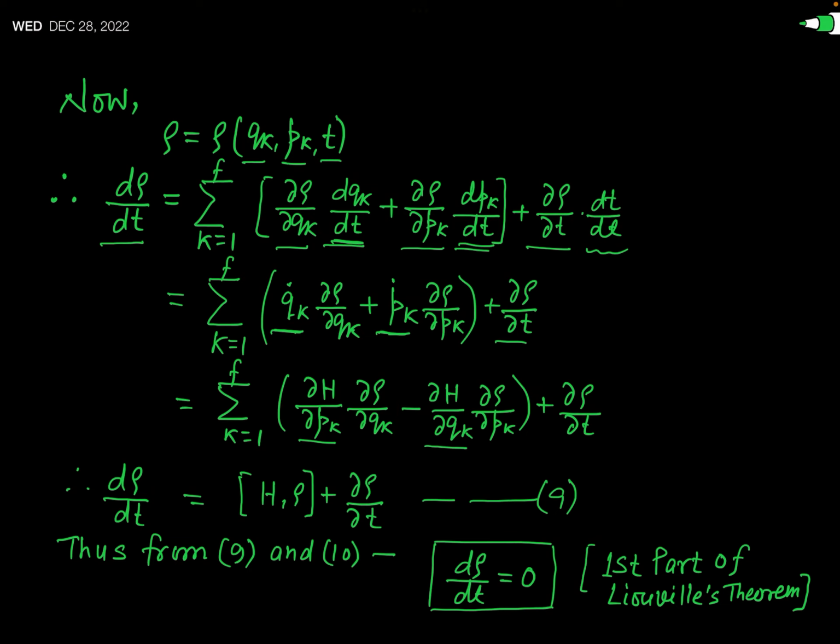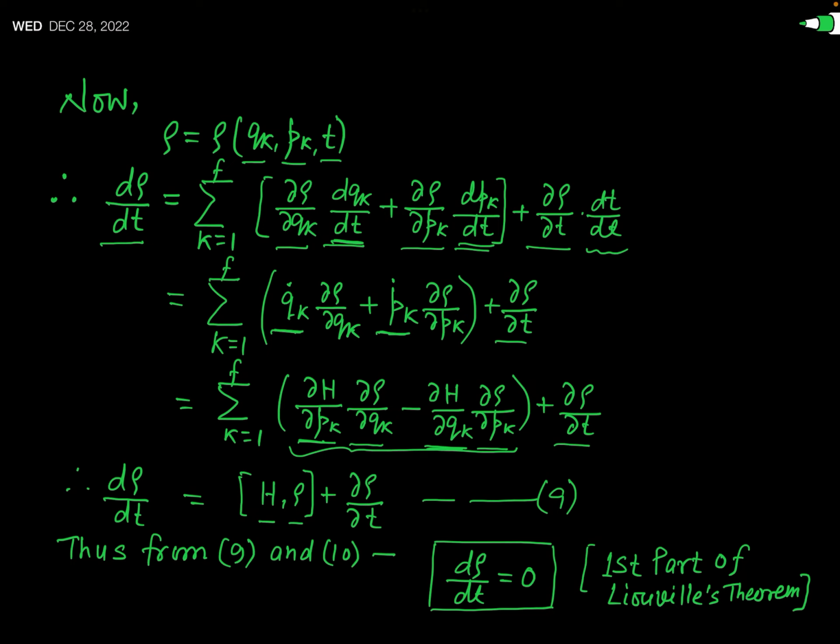So now our equation becomes dρ/dt equals summation over k of ∂H/∂pk times ∂ρ/∂qk minus ∂H/∂qk times ∂ρ/∂pk, plus ∂ρ/∂t. Again from the definition of the Poisson bracket you can easily say that the first term in the RHS of this equation is simply the Poisson bracket of the Hamiltonian H and the density distribution function ρ.